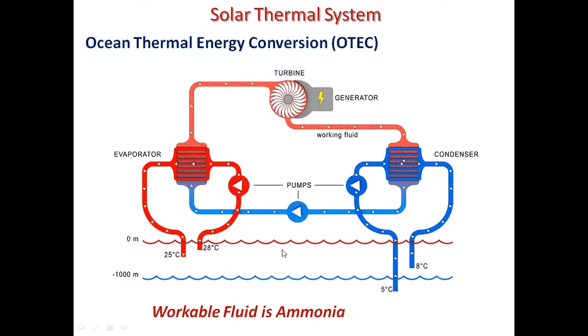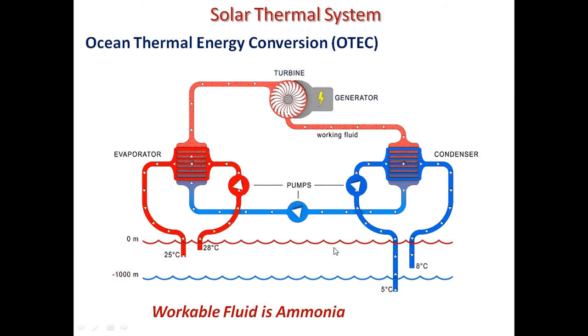When you go to the sea, the water is quite warm at these temperatures, while at the bottom, if you go to about 1,000 meter depth, the temperature is still low, about 5 degrees centigrade. So there is a good temperature difference of about 20 degrees. At the top you will have about 25 to 28 degrees, but at the bottom about 5 to 8 degrees. So this temperature difference can be utilized to produce electricity.